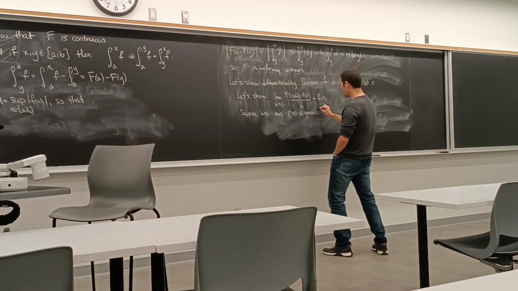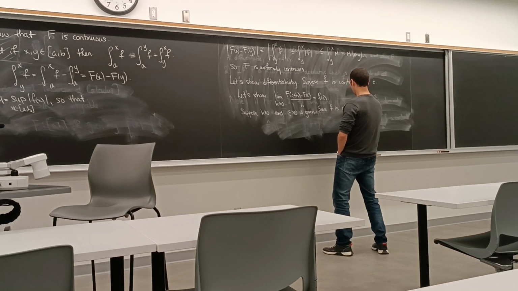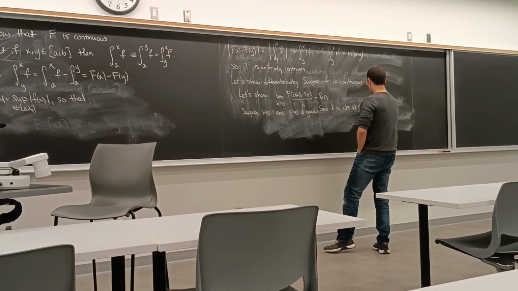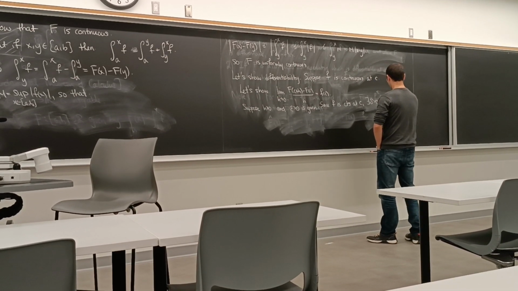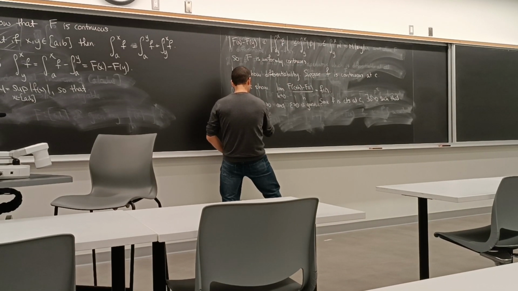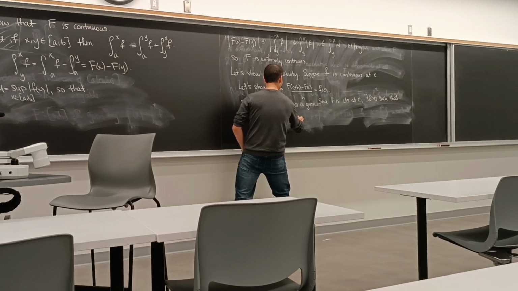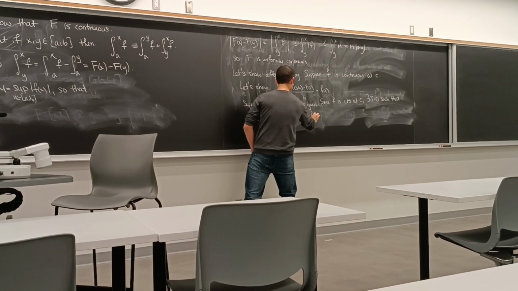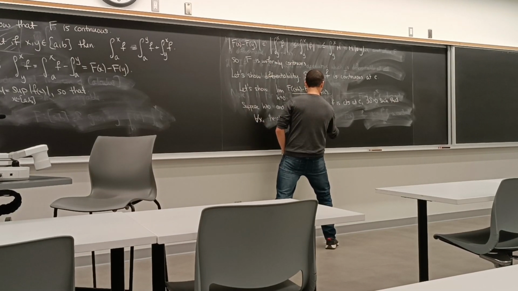Since f is continuous, there exists delta greater than 0 such that every x with |x minus c| less than delta implies |f of x minus f of c| is less than epsilon over b minus a.